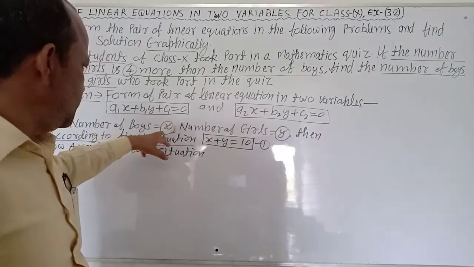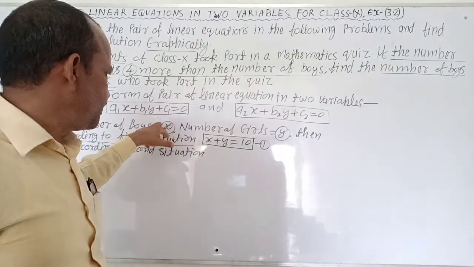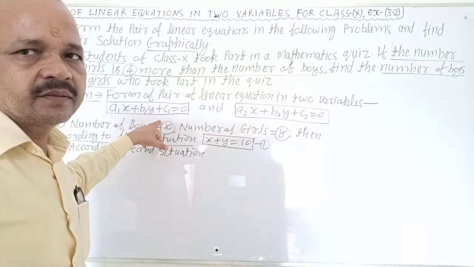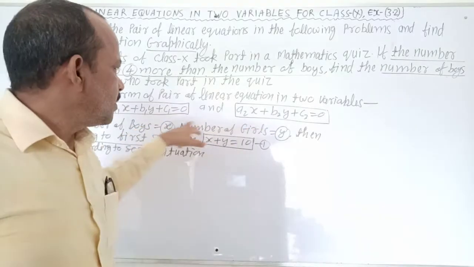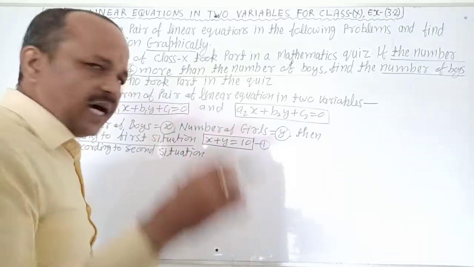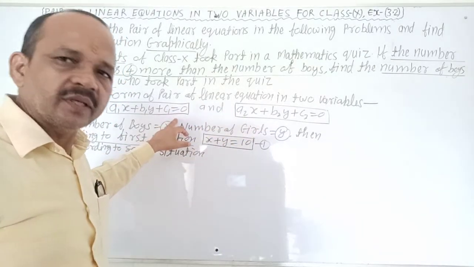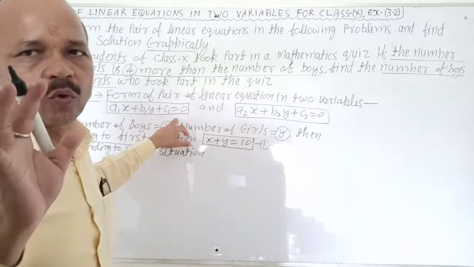Number of boys x, number of girls y. It means x equal to y minus 4, or y minus x equal to 4.